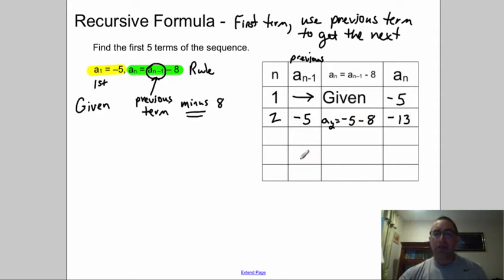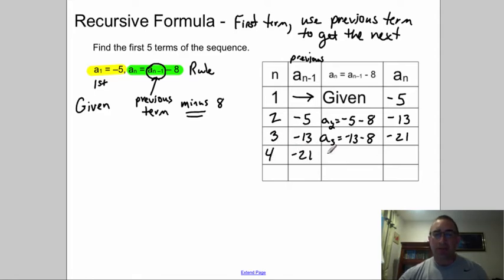Now I got negative 13 for my second term. Okay, now I'm going on to my third term. I'm going to bring down the previous term right here, negative 13. And the third term says take the previous term, which is the second term, negative 13, and subtract 8, negative 21. And this pattern continues.